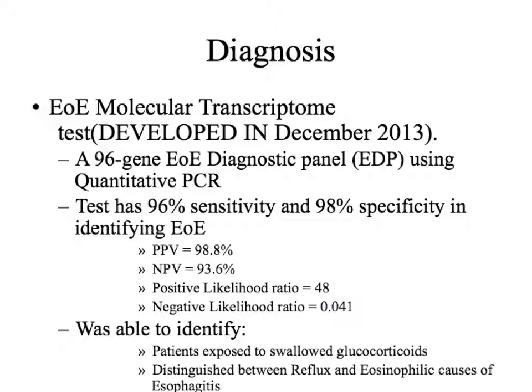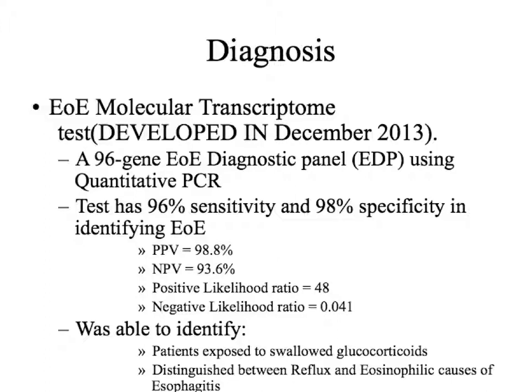What this test does is take 96 genes, and it measures everything from their transcription to polymorphisms. You take a sample of the esophagus and run it through a quantitative PCR, and it's able to identify with really high accuracy if a patient has EoE or not.